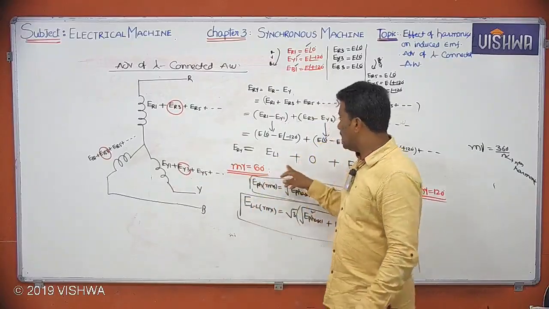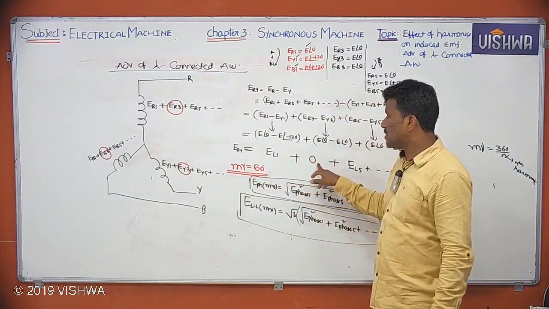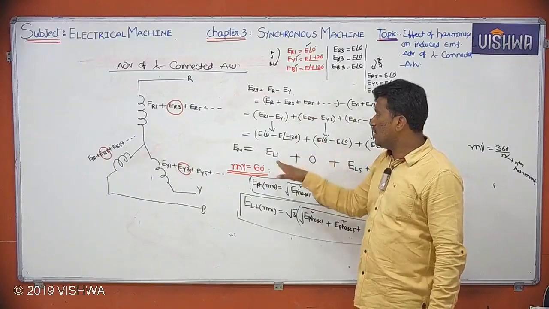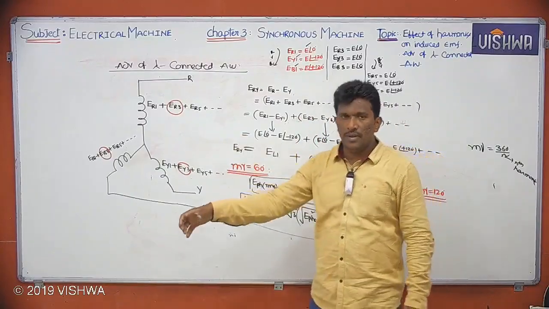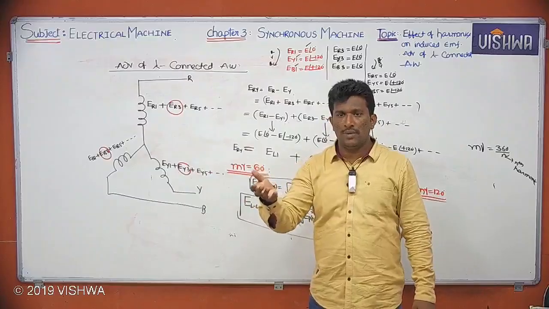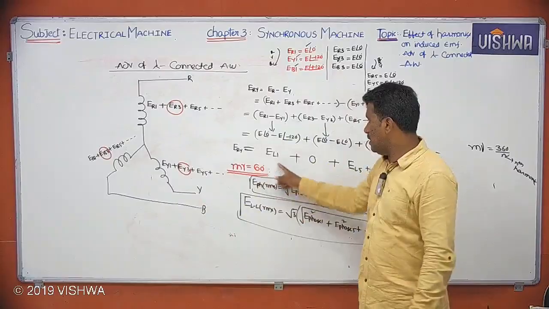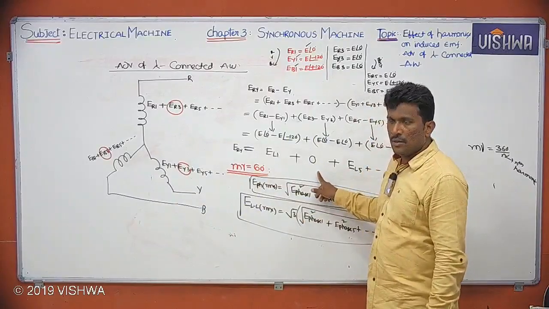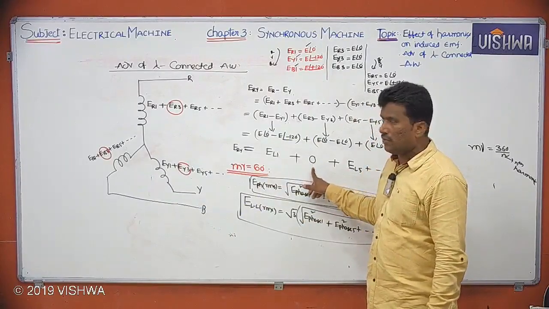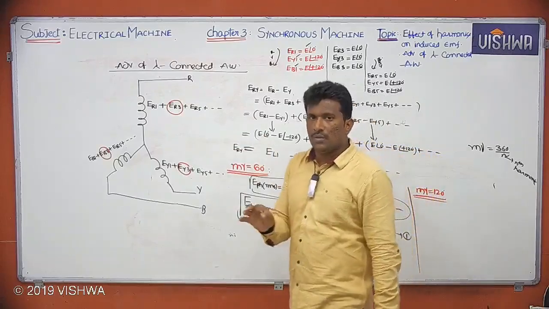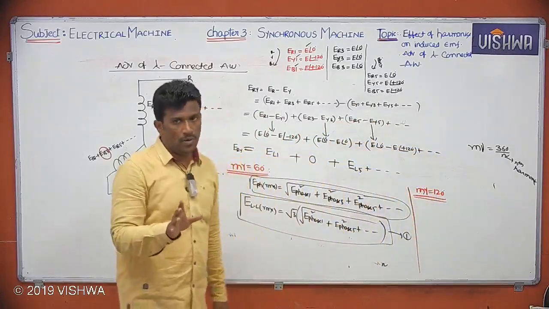After coming to line, the harmonic voltage is not appearing. We are transmitting line voltages. After generation, we step up that voltage by using a transformer and transmit the line voltage, not the phase voltage. So in line we don't have any triplen harmonic voltage. Therefore, no problem; we won't bother about triplen harmonic voltages.